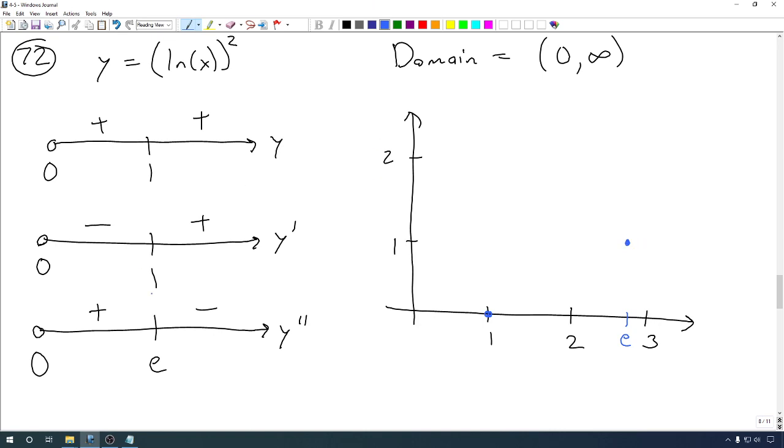We know that we have a local, I keep wanting to say local because that's the term I'm more familiar with. I'm trying to stick with the book though. A relative minimum at 1. It bottoms out there. And it also does have an inflection point at e because we do change our concavity. So it is concave up. It has a cup shape here.